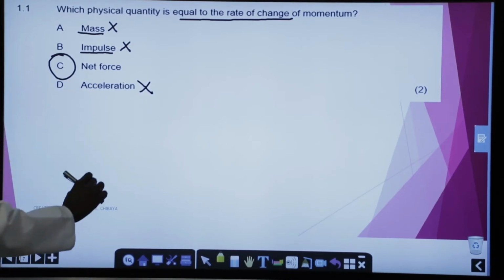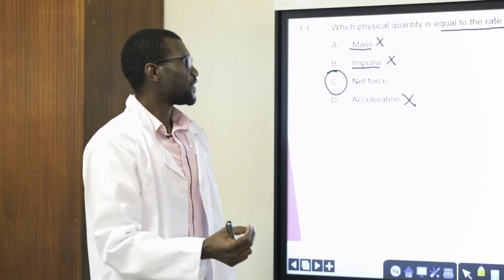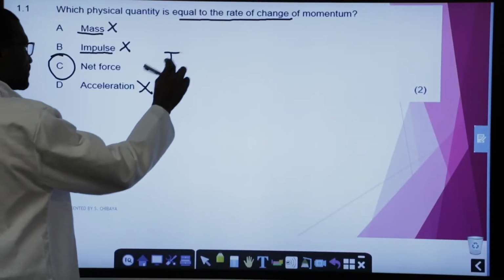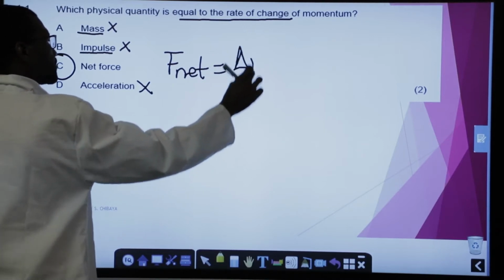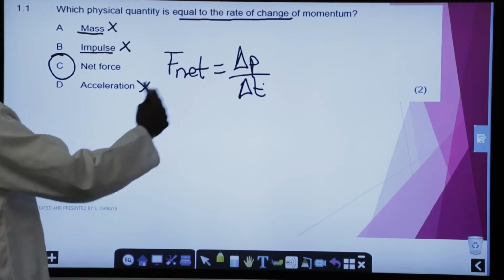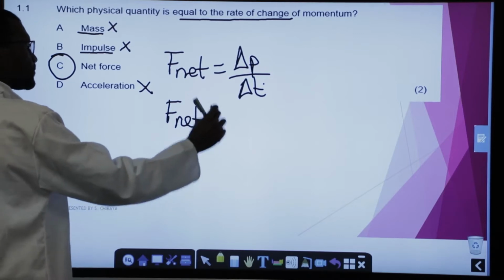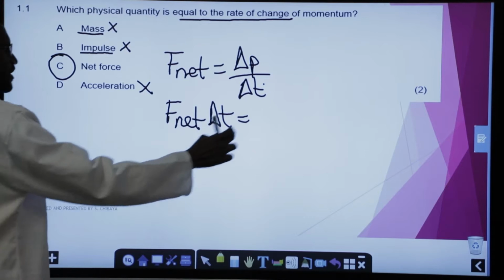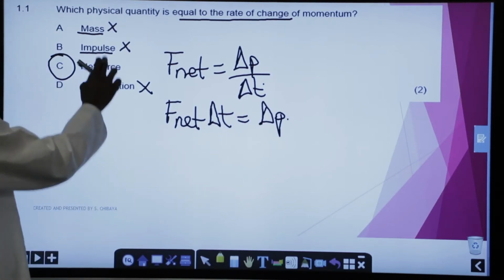Therefore, our answer is C. So formulas do tell us a story about a particular concept, like F net being equal to rate of change of momentum, which we know is almost the same equation that we use when we are finding the change in momentum, which is impulse.